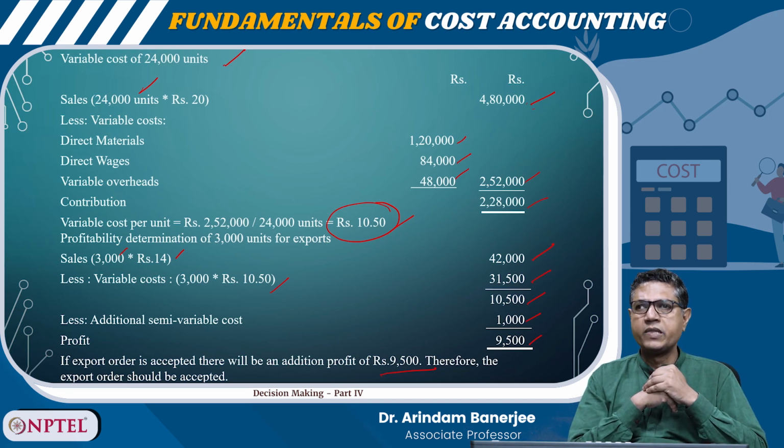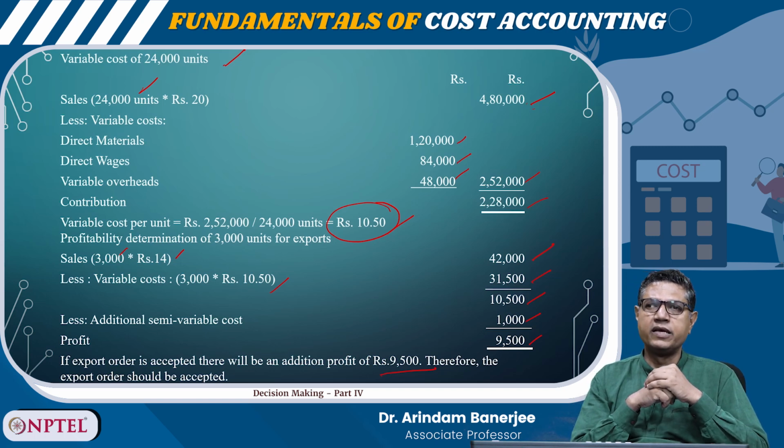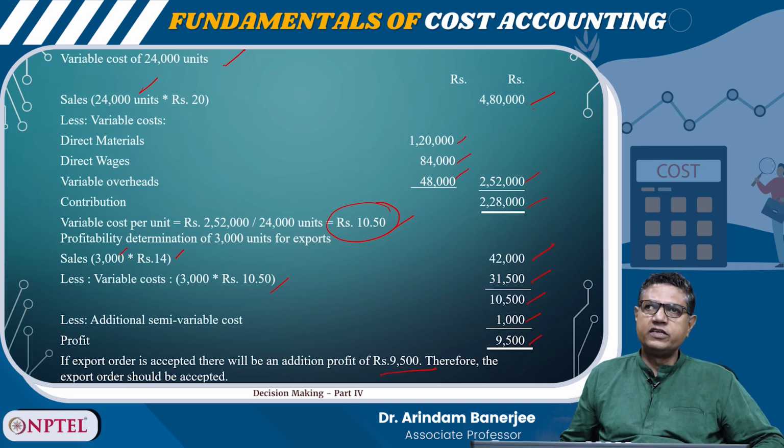My additional sales is 42,000, and if I deduct the variable cost and the variable part of the semi variable cost, I should get a contribution adequate to cover the total fixed cost. So, here it is happening. I am getting 9,500 additional profit even after reducing the selling price. So, this export order should be accepted. Okay, so this was the first problem today.